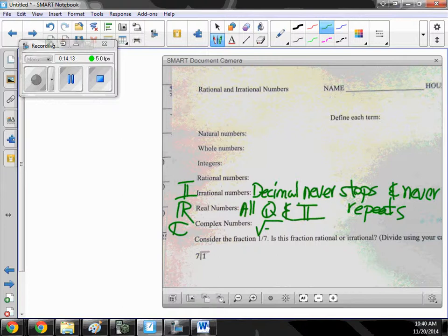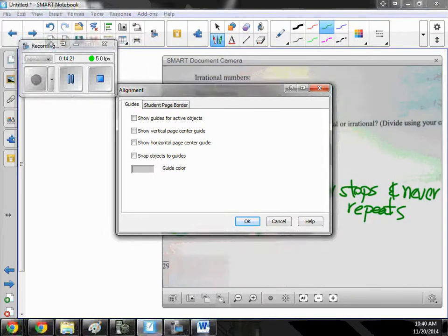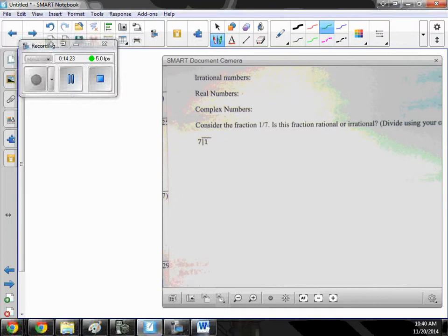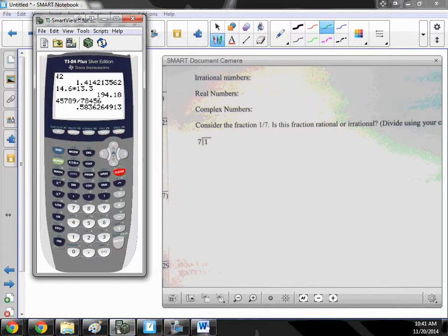Okay. So let's consider the number 1 divided by 7. This is a little tricky. In my calculator, I'm going to type in 1 divided by 7. Is that number rational or is it irrational? Well, does the decimal stop?